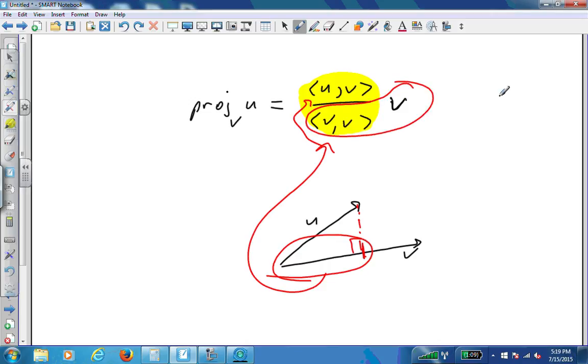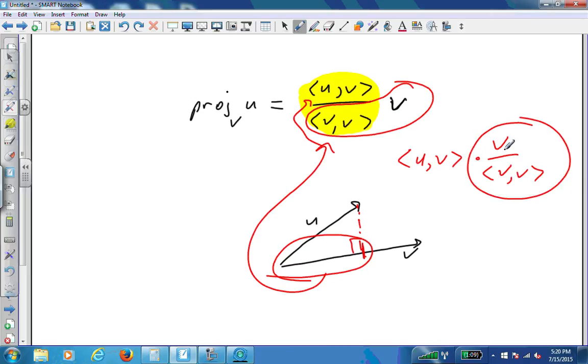This normalizes V. So I guess we could write it that times V over VV. This takes vector V and gets basically the unit vector in terms of V. And then this takes that and gives it this particular length.